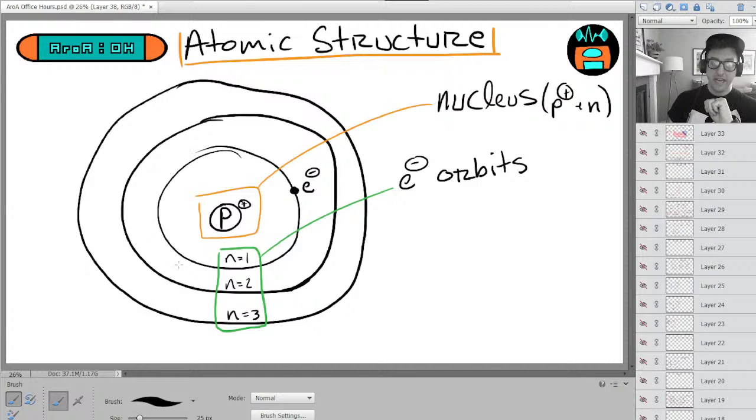It can occupy the first orbit this far from the nucleus, or jump up to the second orbit, or jump up to the third orbit. There's more, n equals 4, etc. But it cannot be anywhere in between.